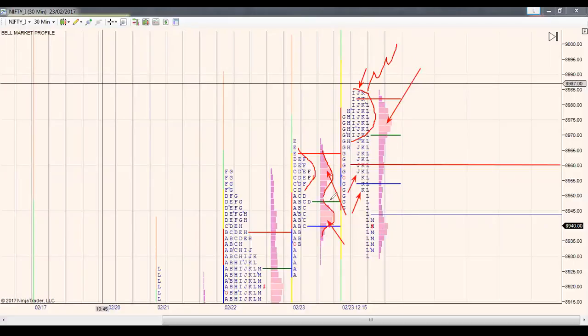And this time it managed to close below even this high volume node, so it does take some action into the next trading session, that is tomorrow. We'll have to monitor what happens tomorrow in this range.